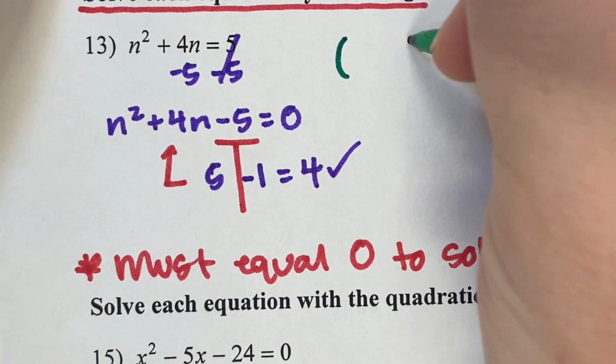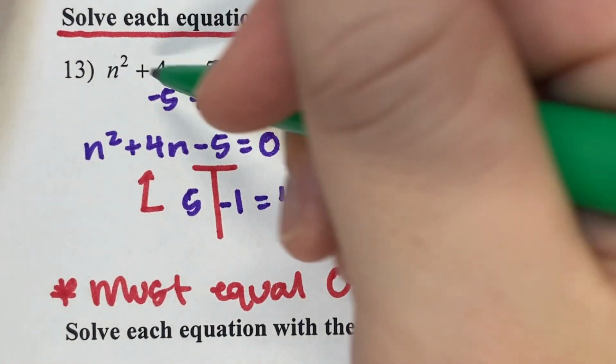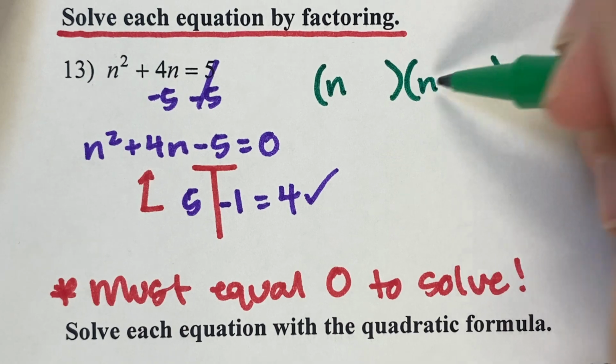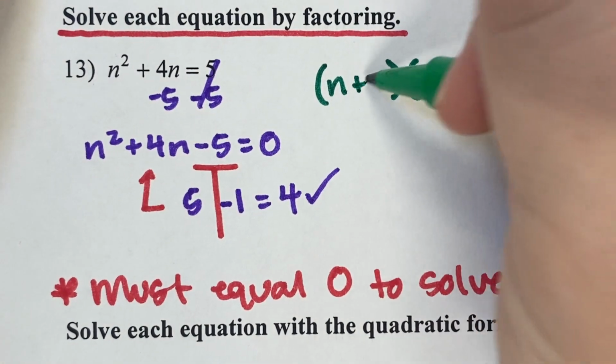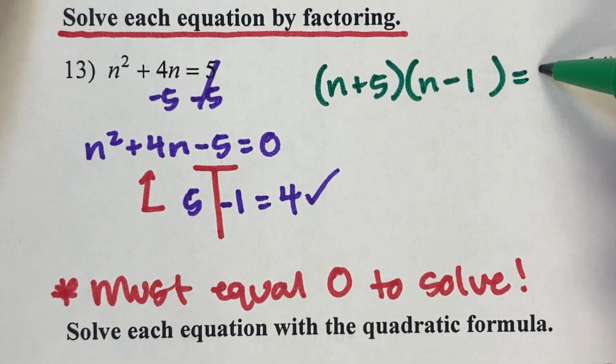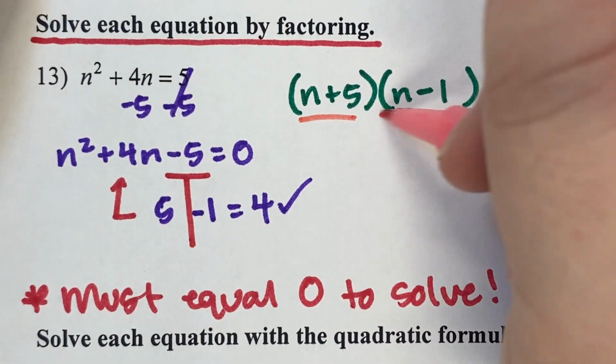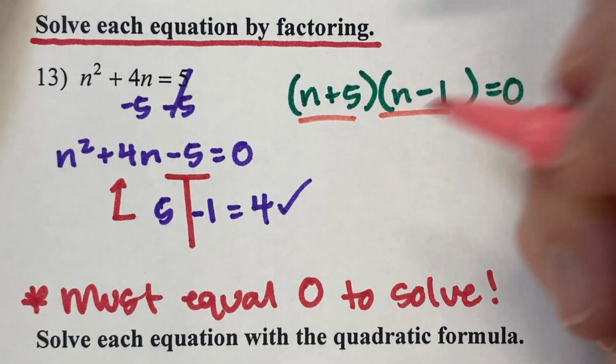Now I can just put it in factored form. We're doing the same thing as we did last time. So now I have n, again, n and n. This time positive 5 and negative 1. Here's where it becomes different. Now it equals 0. So what we have to do to solve is take each piece, set it equal to 0, and solve for that n.